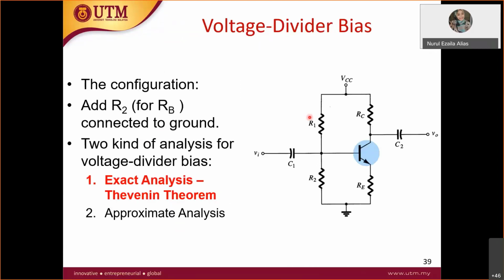So we have two types to solve this circuit. The only type that will be covered here is exact analysis using Thevenin theorem, which means you apply the voltage divider rule at this side. I will show you how.